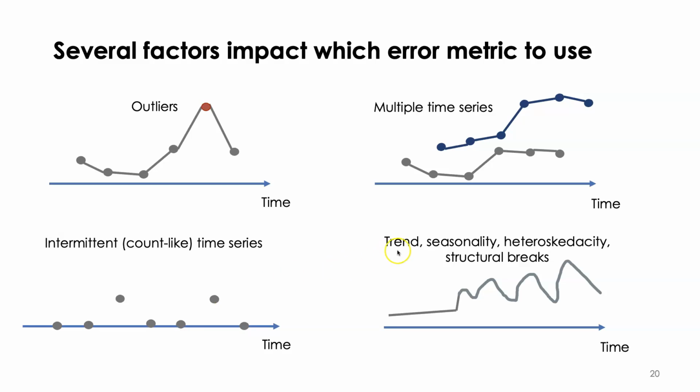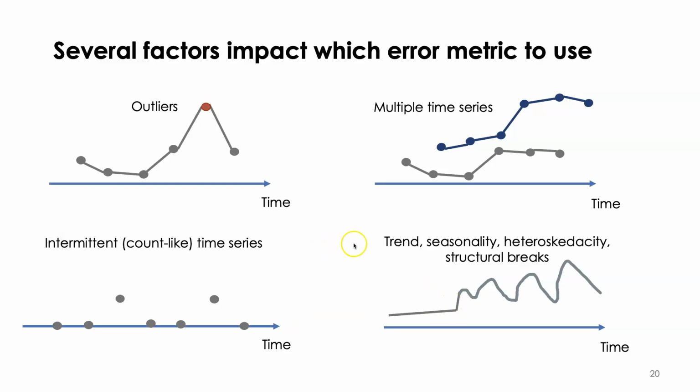Do we have a time series where we have trend, seasonality, heteroskedasticity, and this is where the scale of the time series increases with time, and do we have structural breaks? So here we have trend, we have seasonality, we have heteroskedasticity because the scale of the time series is increasing over time, and we have this structural break.